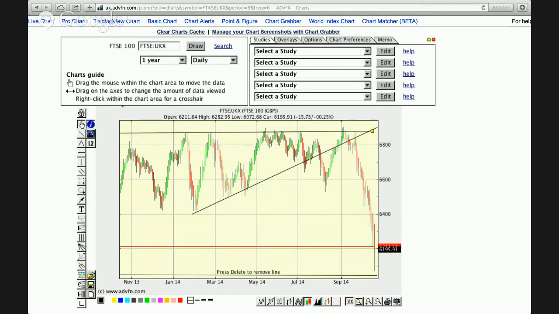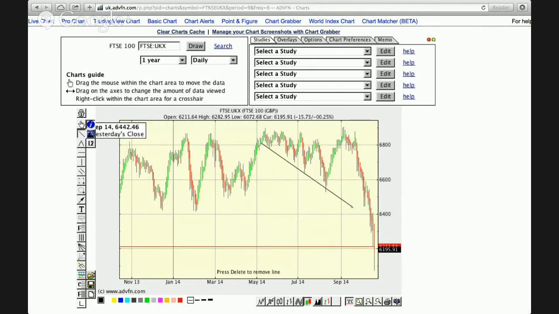Okay. Again, you could continue on with these lines here. I'm just going to remove the pennant. And we might put in somewhat of a channel possibly going on here.